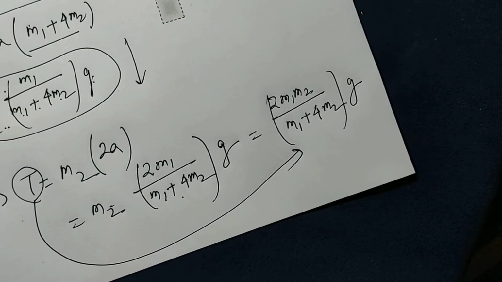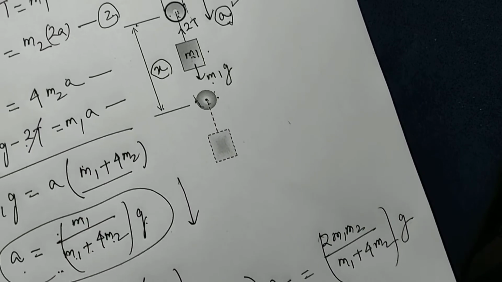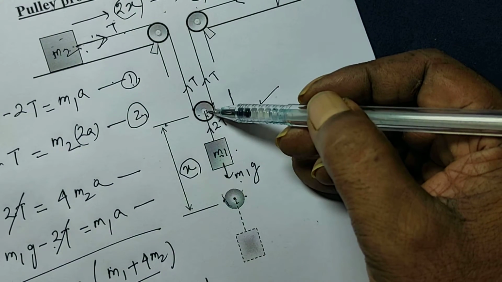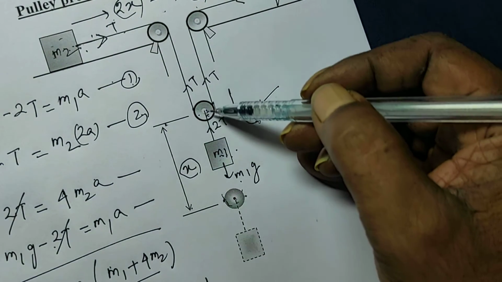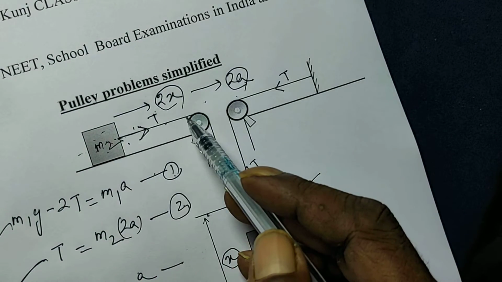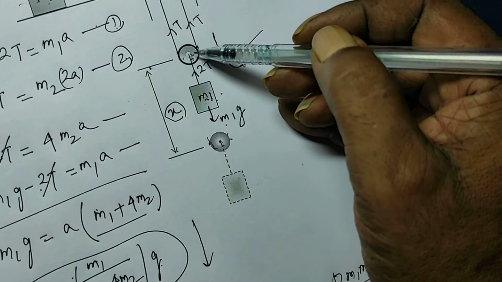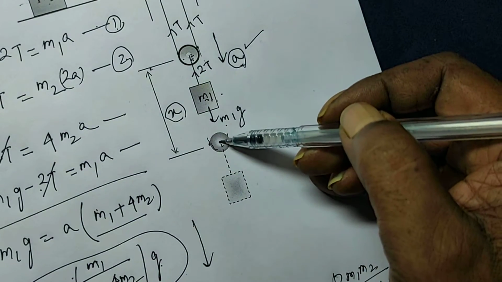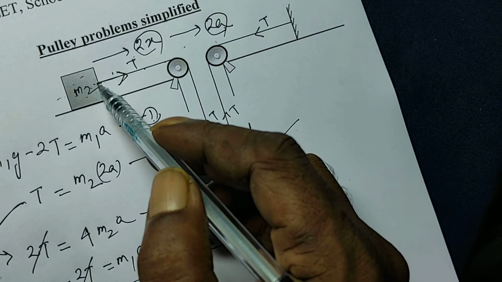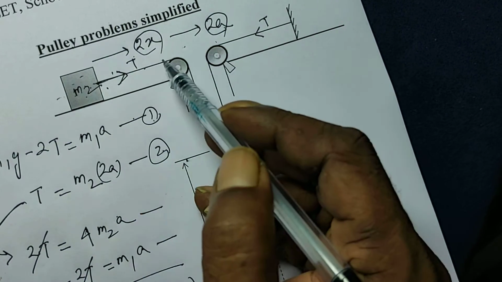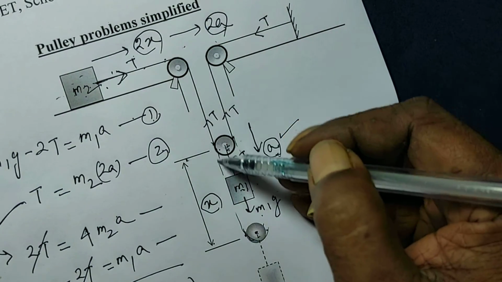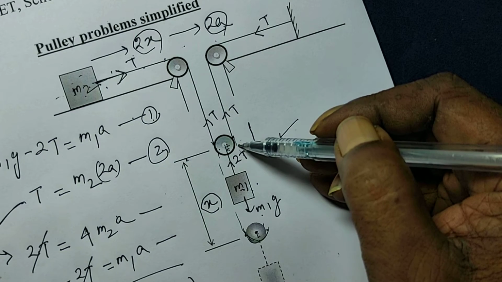So the tension in the string, it is the same string, remains the same all throughout. And if the acceleration of this pulley along with this mass M1 is a, then the acceleration of M2 to this side will be 2 times that, because if this pulley falls by a distance x, what length of the string attached to M2 will be shortened? x on this side and x on this side, so 2x.